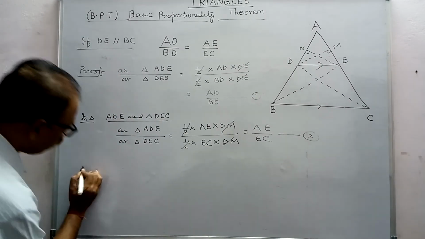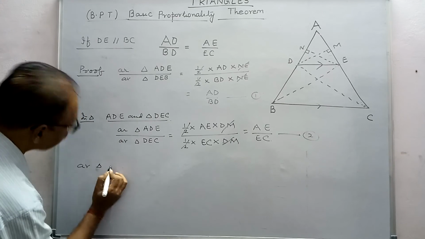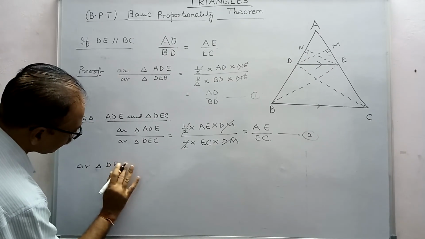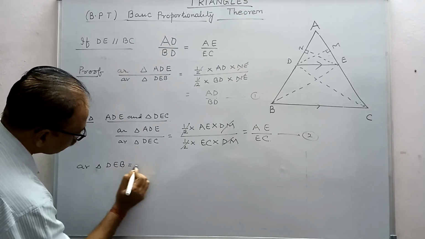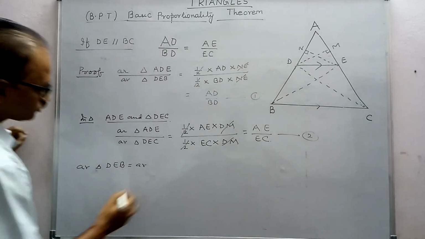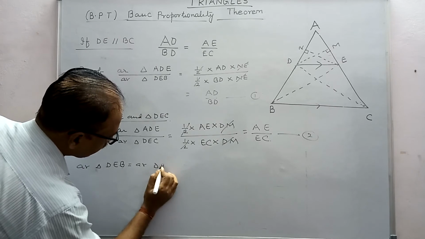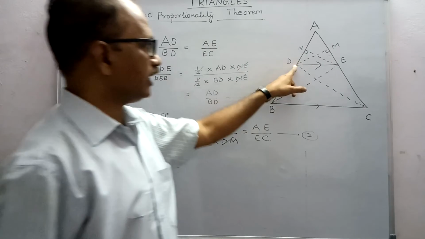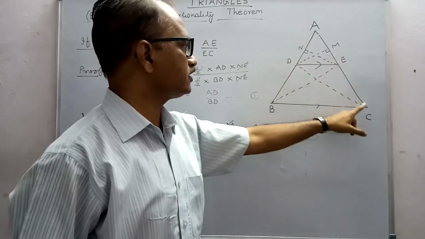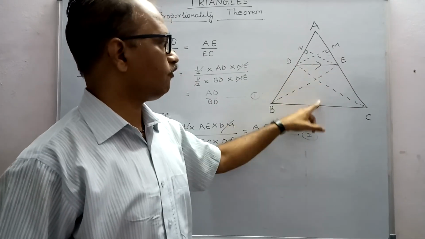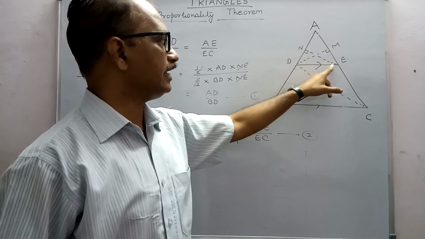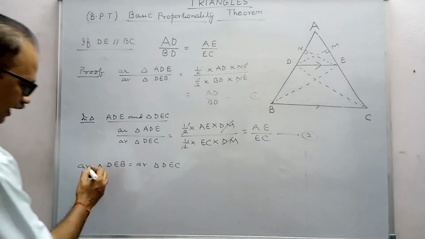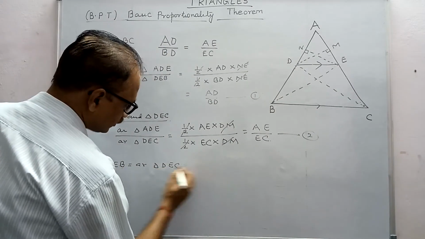We also know area of triangle DEB is equal to area of triangle DEC, because DEB and DEC have equal areas as they are formed on the same base DE and between the same parallels DE and BC. So area DEB is equal to area DEC.